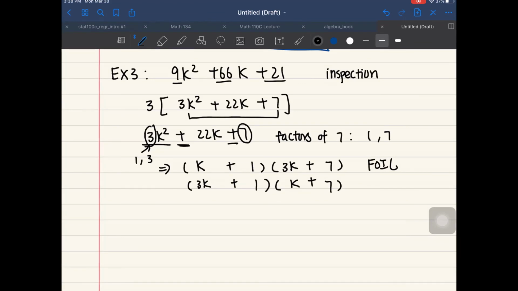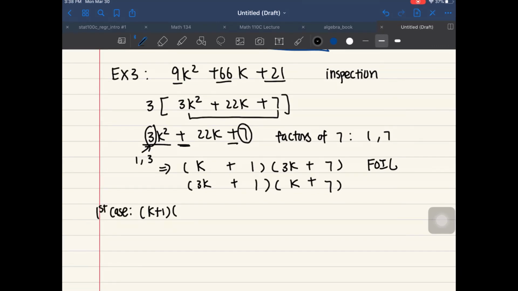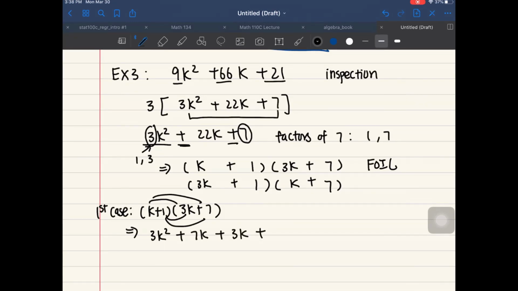Now let's look at the first case. If I do FOIL, k times 3k is definitely 3k squared. k times 7 is 7k. 1 times 3k is 3k. So this is 3k squared plus 7k plus 3k plus 7, which is 3k squared plus 10k plus 7.